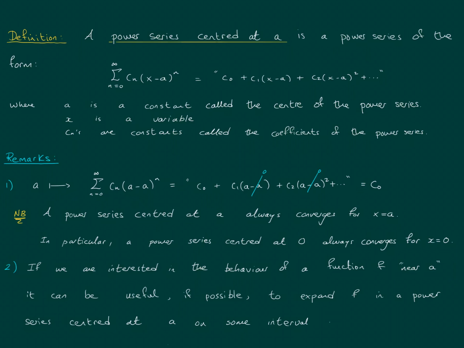You can always expand it on the interval just A, the zero width interval, but if you can expand it on a non-zero width interval, then it can be useful. If you look at the terms, you have your C0 plus C1 (x minus A). So when x is close to A, those x minus A's are very small. So you can approximate the behavior of your function by taking the first few terms, and we'll see that later on. That's the philosophy.